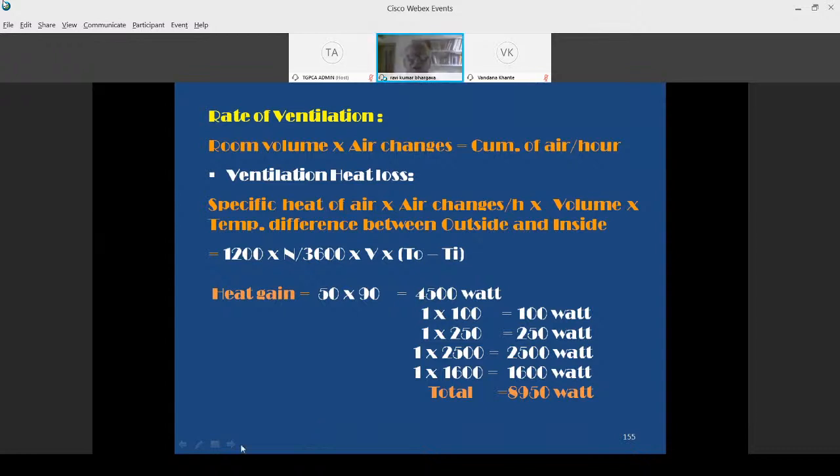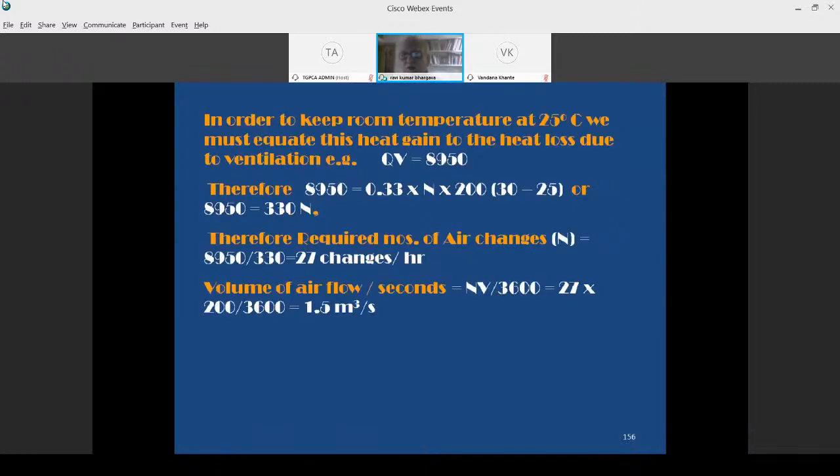Then, friend, in order to keep 25 degrees Celsius, we must equate this heat gain to the rate of ventilation, because this heat gain has to be nullified. So, 8,950 is equal to 0.33 multiplied by the number of air changes, multiplied by 200, multiplied by 30 minus 25, the outside temperature.